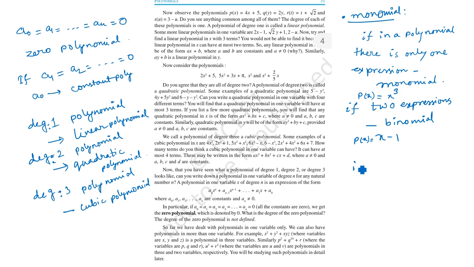If there are three terms present in a polynomial, then it is called a trinomial, for example px equals x to the power 100 plus x squared plus x.